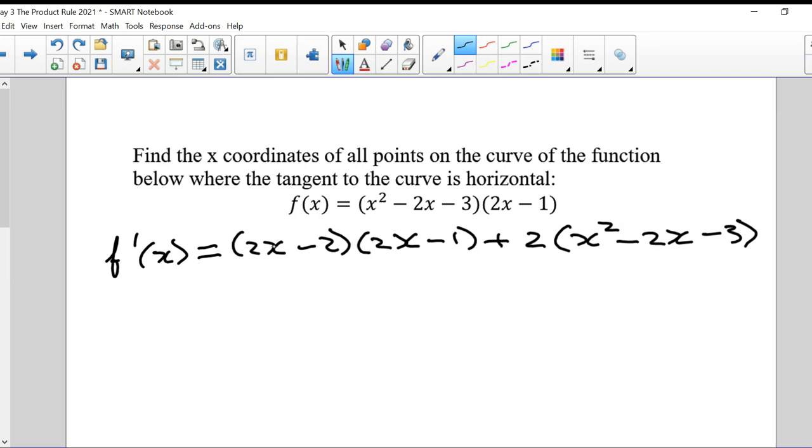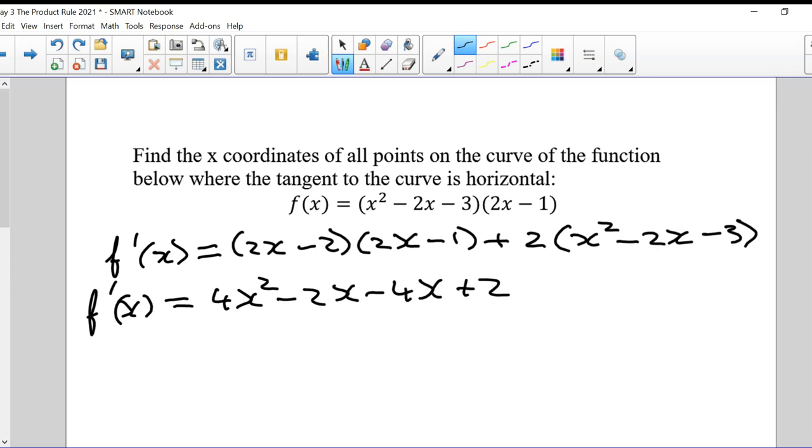So 2x minus 2, okay, so f prime of x should be equal to 4x squared, and then minus 2x, and then minus 4x plus 2, and then plus 2x squared minus 4x minus 6.